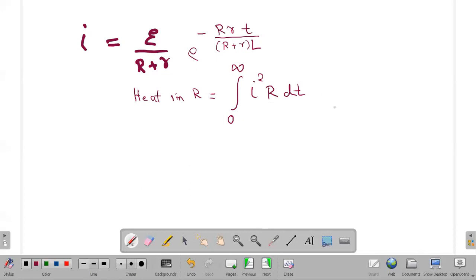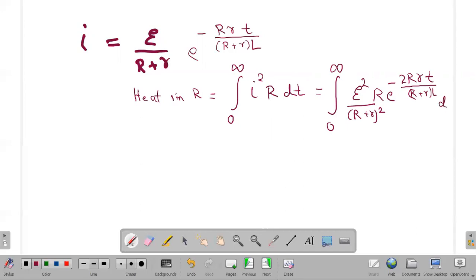So now you will substitute the expression of small i inside the integration. It is 0 to infinity of E square over capital R plus small r whole square, into capital R, and then e raised to the power minus 2 times capital R plus small r times t over L, dt.